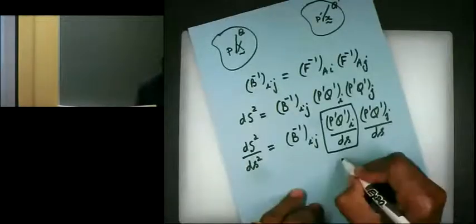So these are components of a unit vector aligned along P prime Q prime. So let's write this as little mi. So what will be this thing? Little mj. So little m is a unit vector along P prime Q prime.